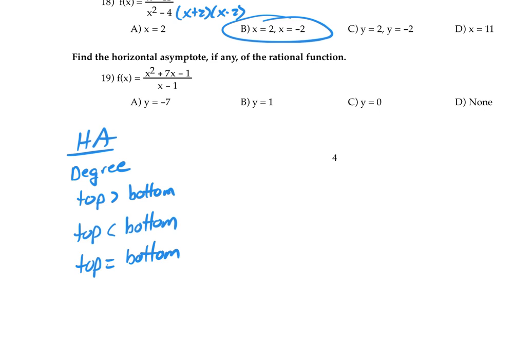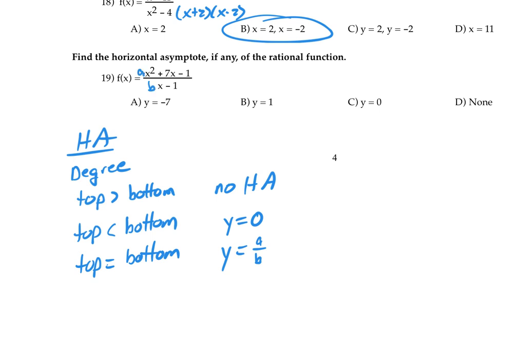If the degree on top is bigger, then we would say that there is no horizontal asymptote. If the degree on top is less than, y equals 0 is my horizontal asymptote. If the degrees are equal to each other, then we would divide the leading coefficients.